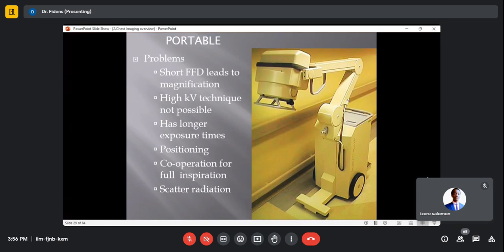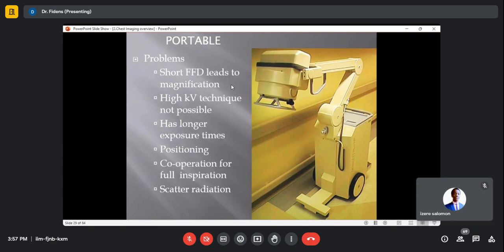So this can produce an X-ray, but the X-ray produced is not of the same quality as the ones from the fixed machine, because the distance from the source to the film, the focus film distance, FFD, is short. When it is short, it means everything will be magnified. Okay, that's one of the disadvantages.